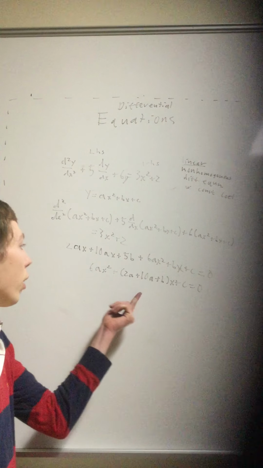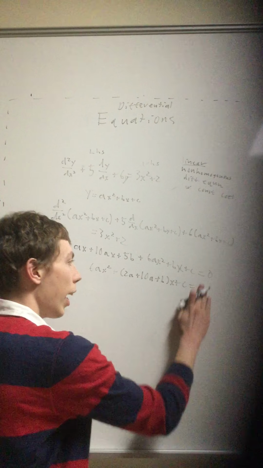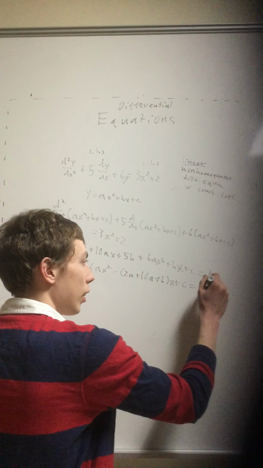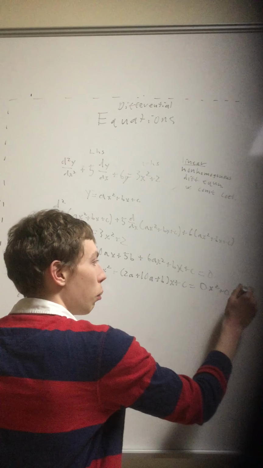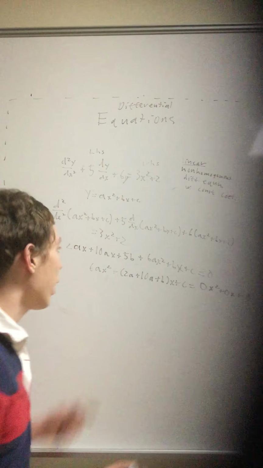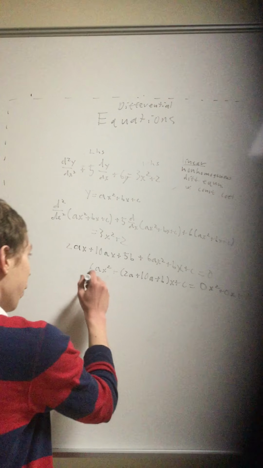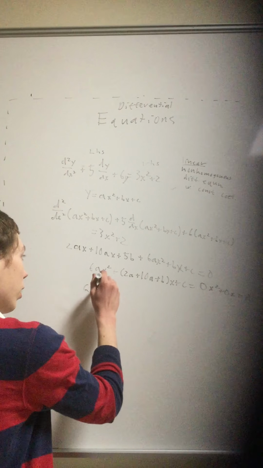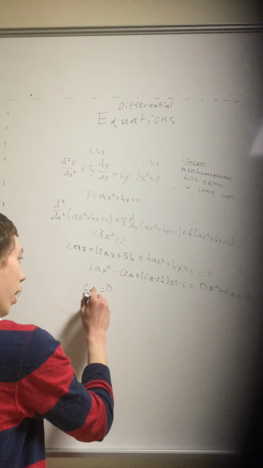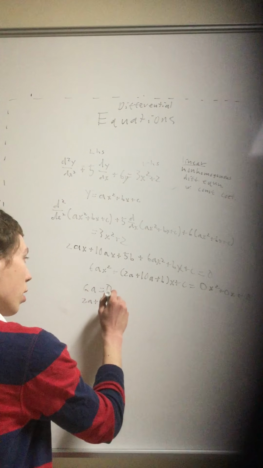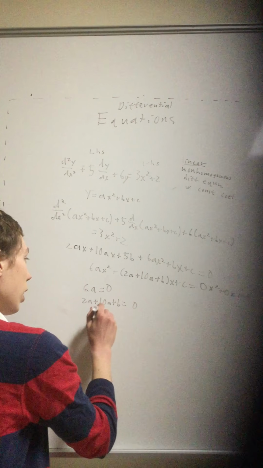Now, these constants should equal the things on the left-hand side that are 0. So you could write this as 0x squared plus 0x plus 0. And then this should be this, this should be this, this should be this. So we have 6a equals 0, 2a plus 10a plus b equals 0, and c equals 0.